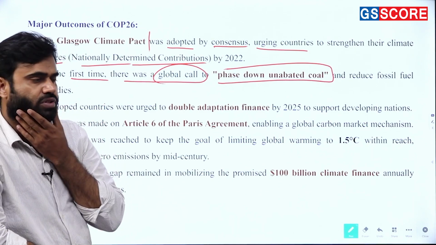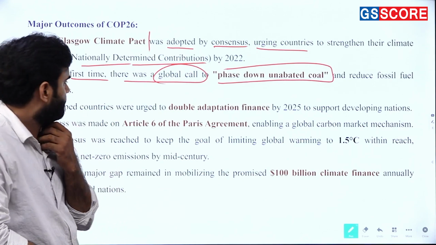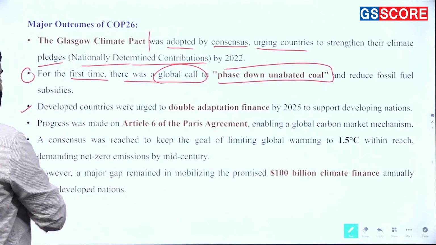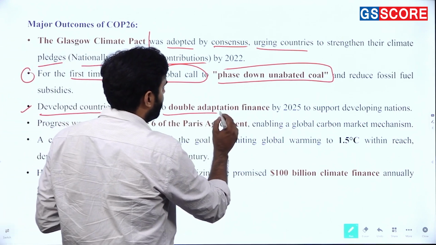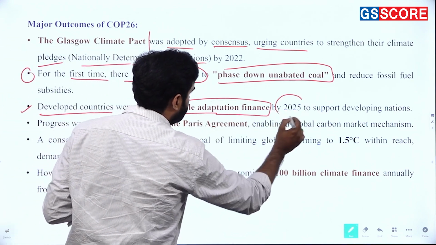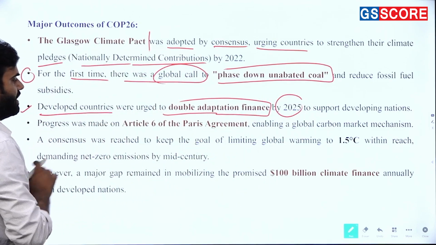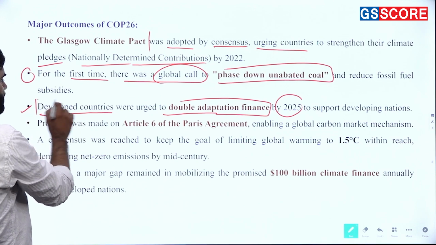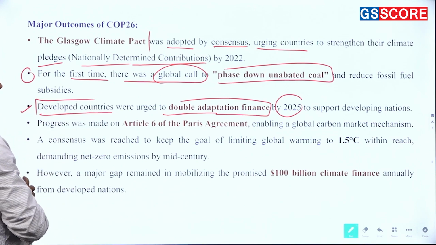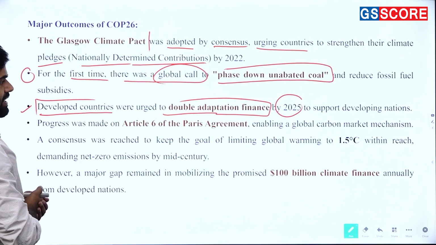Yes, we are talking about renewable energy sources. Next, the third line: developed countries were urged to double adaptation finance by 2025 to support developing nations. देखो, in the third line, I mentioned the developed countries and their commitment regarding finance.